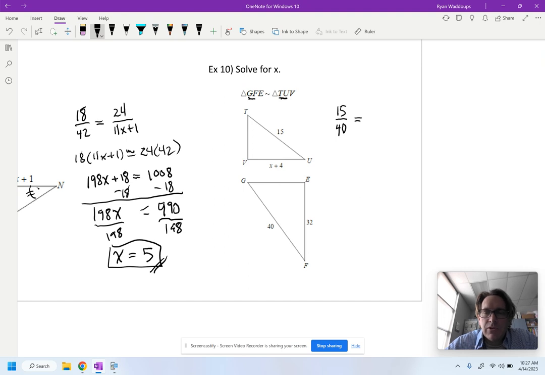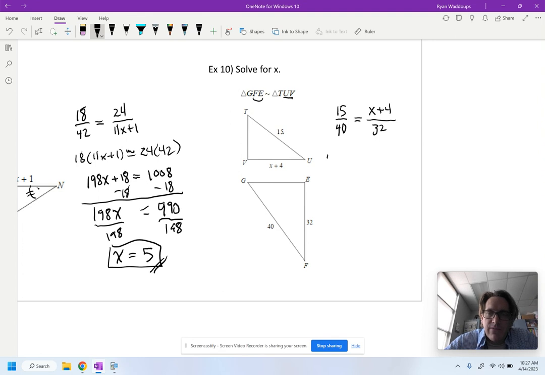And that should be equal, because they are similar triangles, to x plus 4. That x plus 4 has got to go on top, because I started with 15. I've got to start with the smaller triangle. And that compares to, x plus 4 is UV, which compares with FE. And FE is 32. So this goes here to 32.